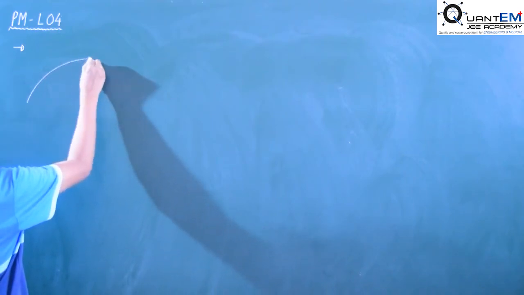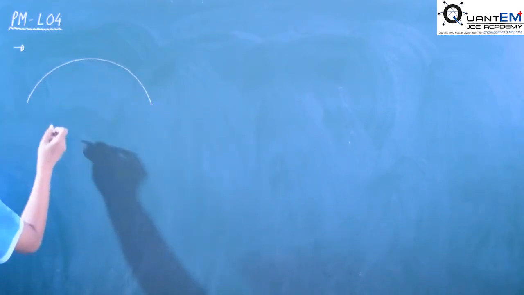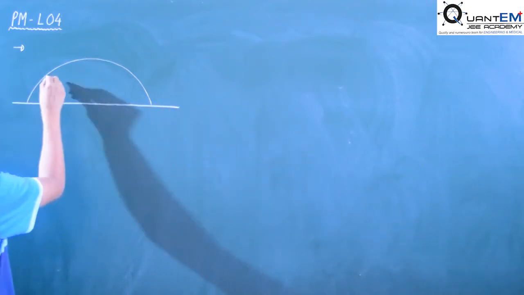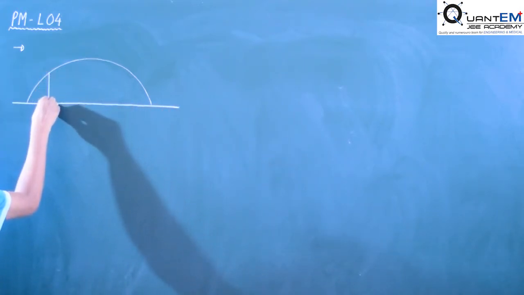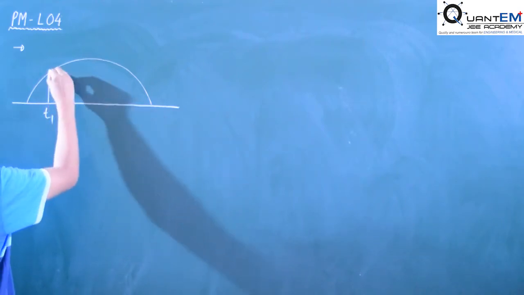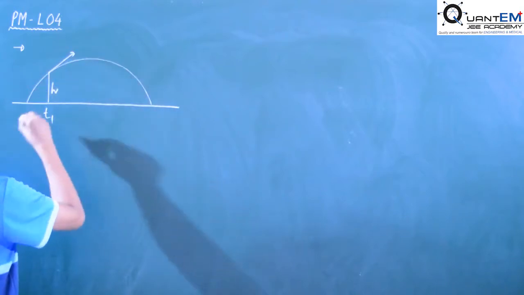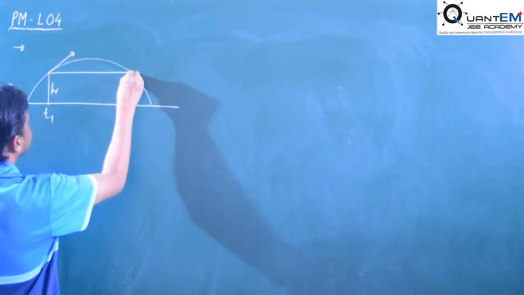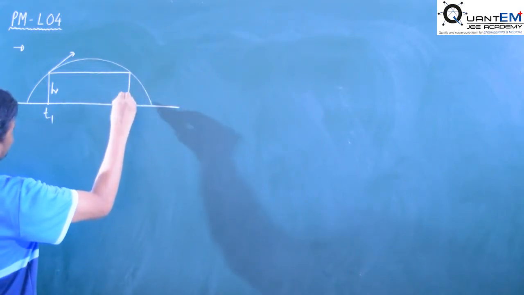We come to the next part. What we have, if at two different times heights acquired by a projectile are equal, suppose one time is t1, at this time during upward motion the projectile has height h, then during downward motion also the projectile has what height?